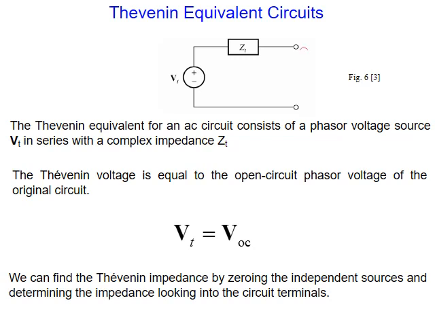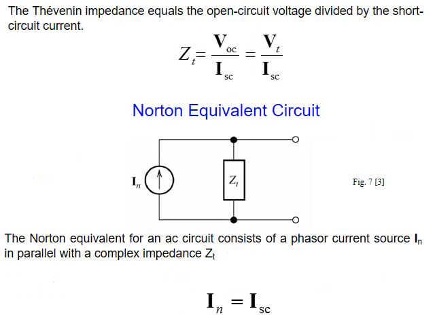It means I already selected points A, B. Here could be any load, anything, and I reduce the circuit to become just a simple impedance in series with the supply. Easy. Now this supply, which is called V Thevenin, T for Thevenin, is the open circuit voltage across the terminal. With an example it will be more clear.